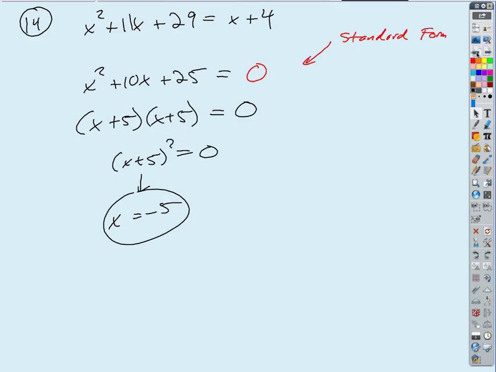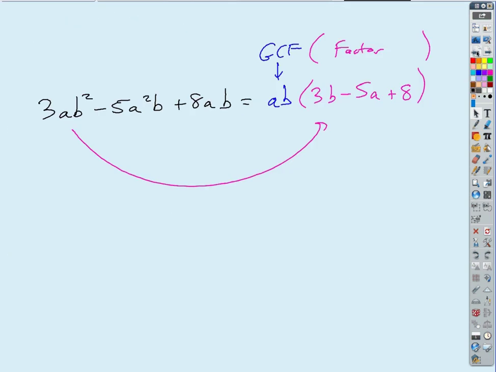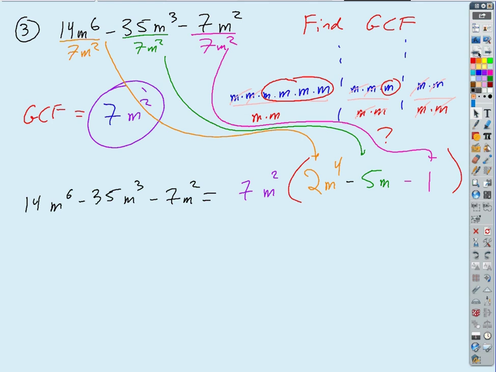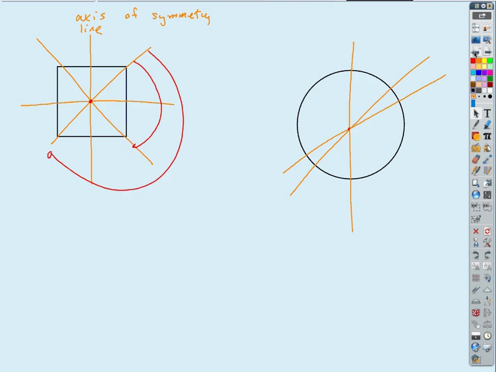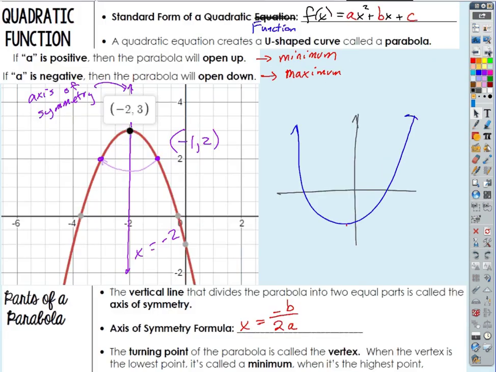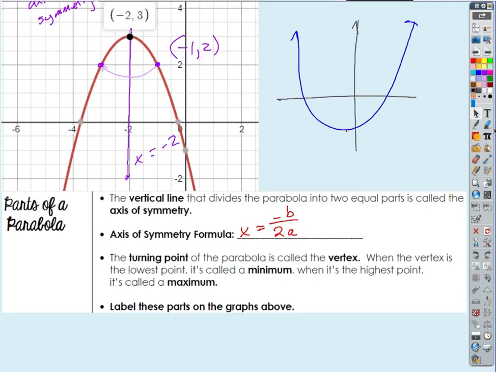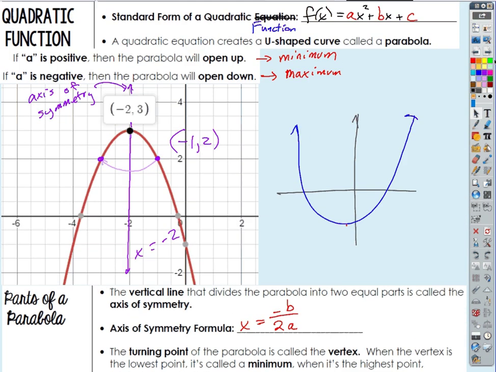We said yesterday, remember, that if A was positive, the parabola opened up, right? If A was negative, it opened down. Well, doesn't that mean it's been flipped? Right?